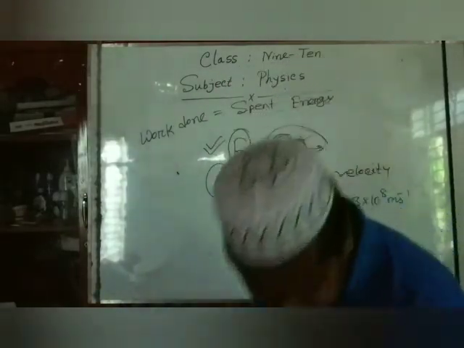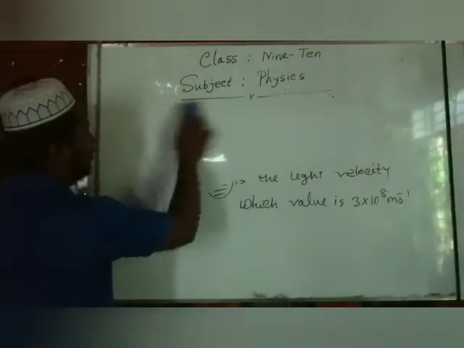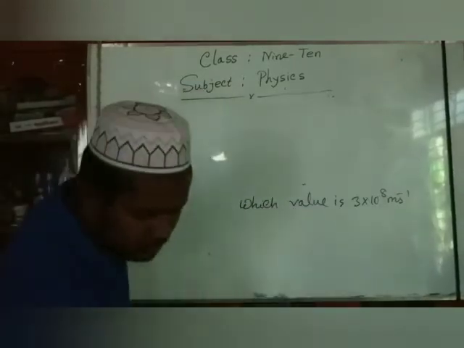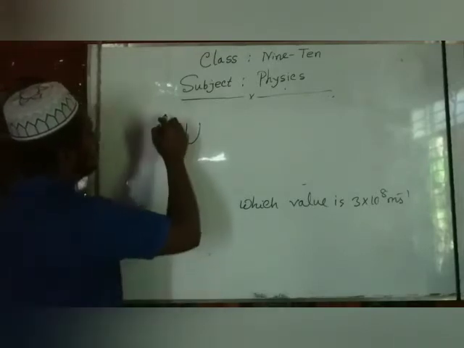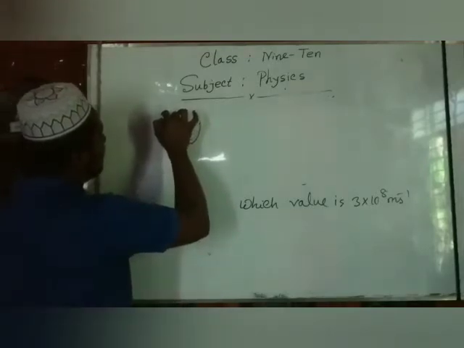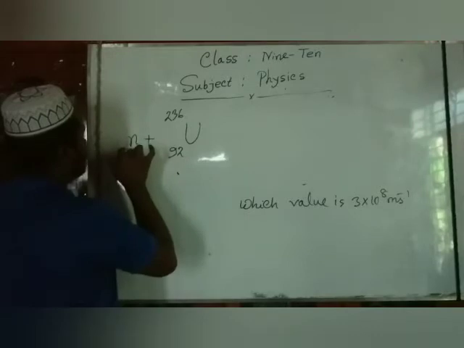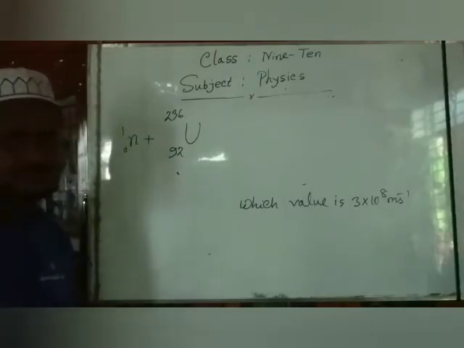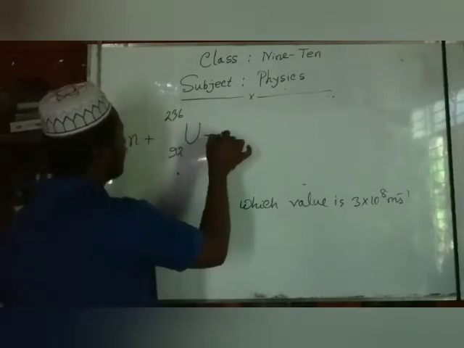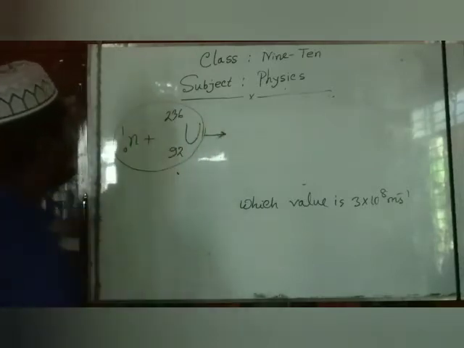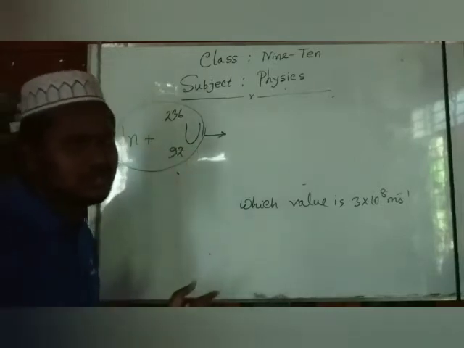When we strike a heavy element, uranium 92 with atomic mass number 235, with a neutron, then this element is excited.